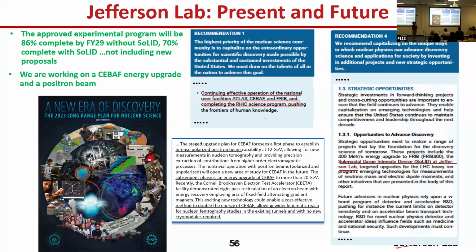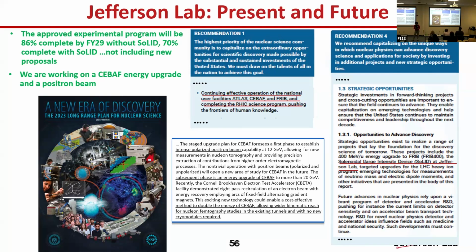There are some recommendations that are given to the DOE by the NSAC, taking into account the wishes of the community, what is important for the community in the nuclear arena. And we had just last year the long-range plan for nuclear physics for the next decade.